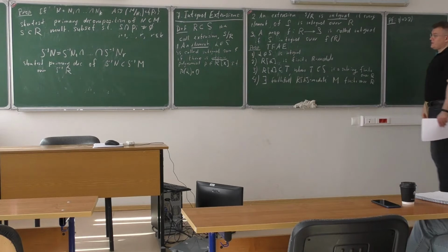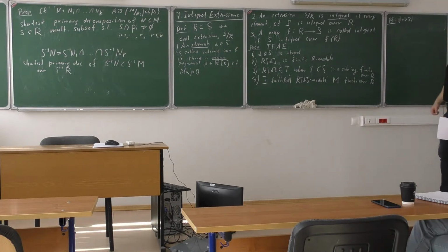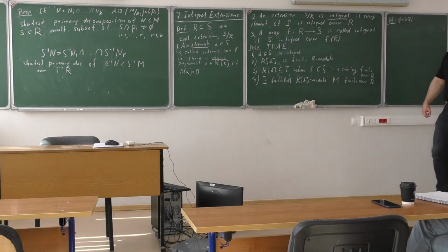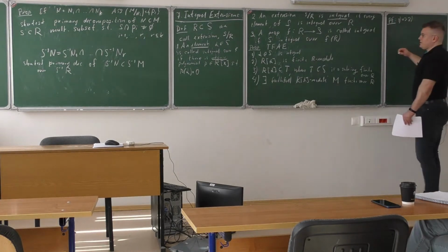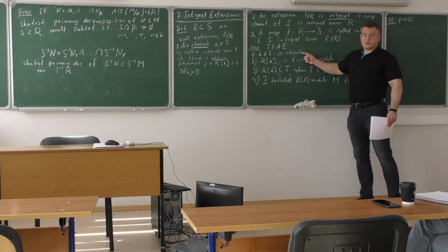Well, do you see why 1 implies 2? What's the system of generators? Yeah, powers of alpha. If this is an integral element, there is an equation of integral dependence.